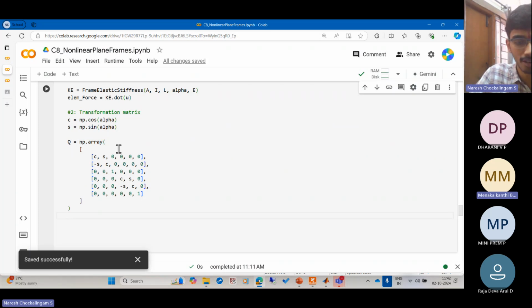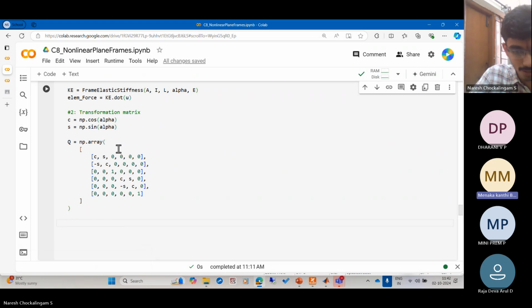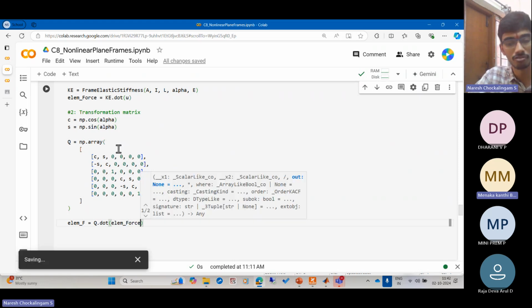So you can call element force transform. LMF is equal to Q dot LM force. So this will give you the axis aligned forces.